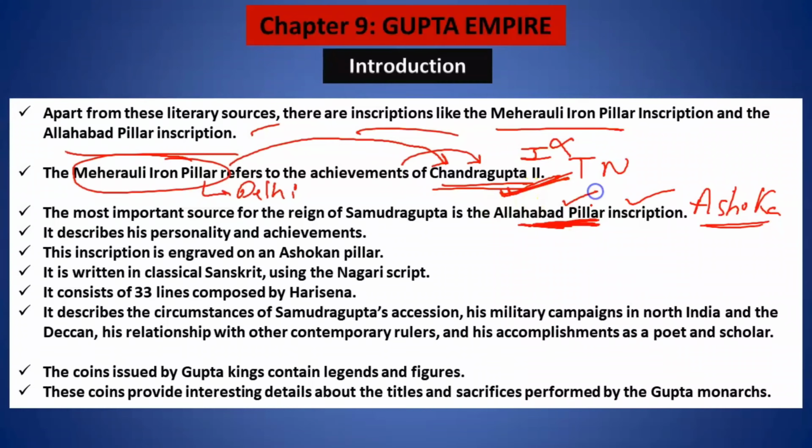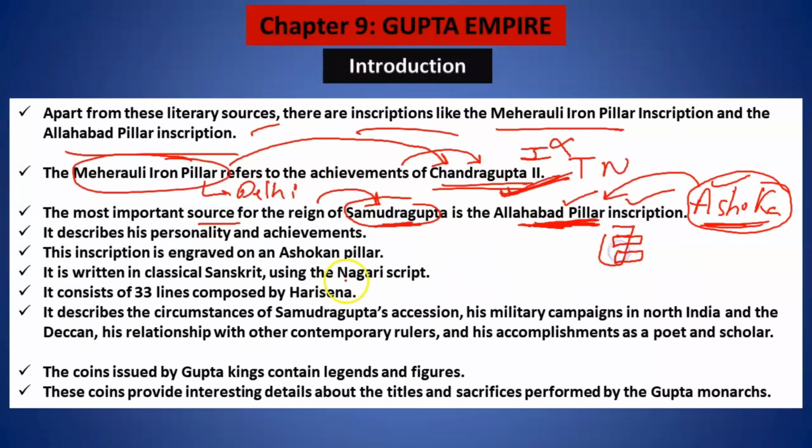Now this Ashoka pillar, this was established and erected by Ashoka, ये अशोका पिलर ये अशोका के द्वारा खड़ा करवाया गया था, मगर फिर भी this is an important source for the reign of Samudragupta. ये हमको समुद्रगुप्ता के बारे में बहुत इंपॉर्टेंट इंफॉर्मेशन देता है. तो इस पिलर में हमको अशोका के बारे में भी पता चलेगा, समुद्रगुप्ता के बारे में भी पता चलेगा. लेकिन आप याद रखना, predominantly this is important for knowing about Samudragupta. For knowing about Ashoka, we have other important evidences as well. I hope this point is clear to all of you.